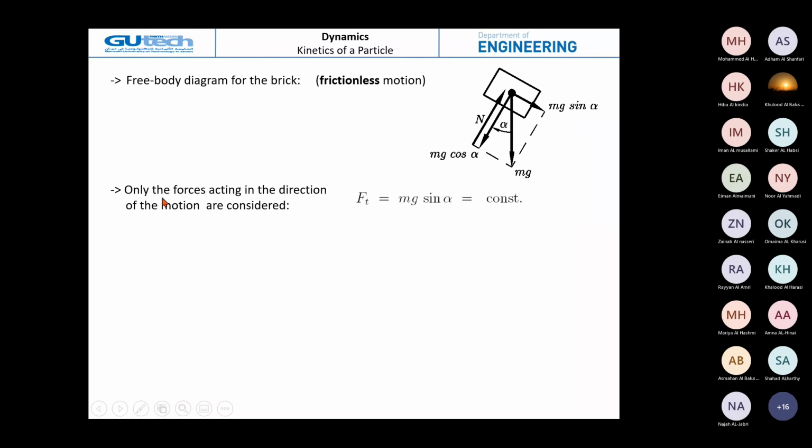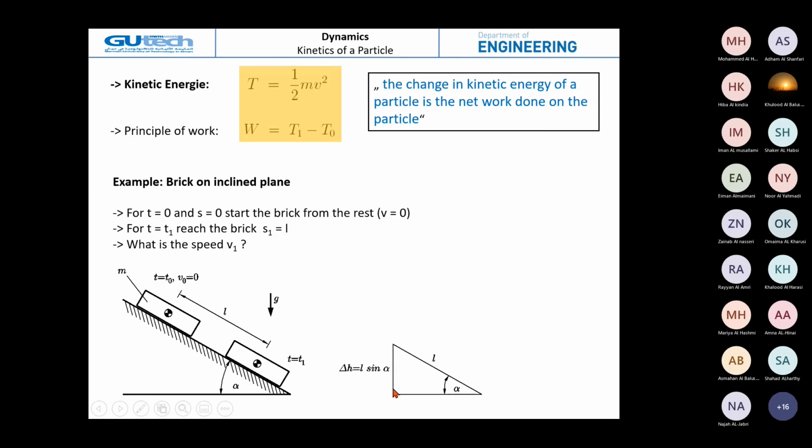Only the forces acting in the direction of the motion are considered. Why? Because if we take the direction of L, there is the force mg sine alpha. Now, if we take delta H, as there is displacement, we can take mg in this case.